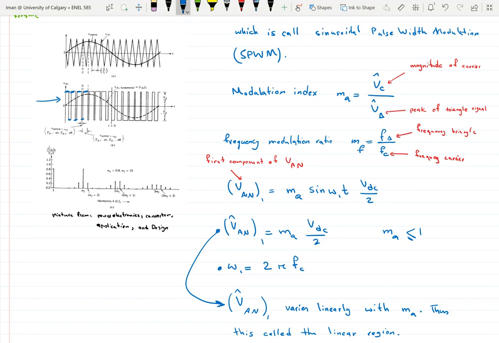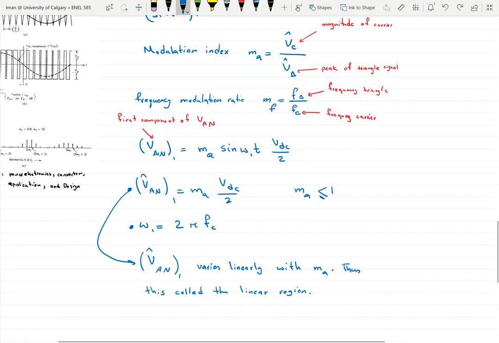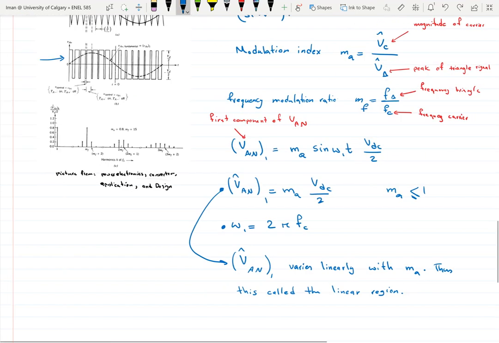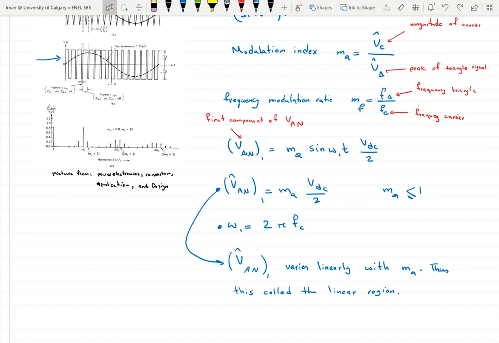So now we know it has a fundamental component, but it has some other harmonics as well, right? So in this graph you see the harmonics.